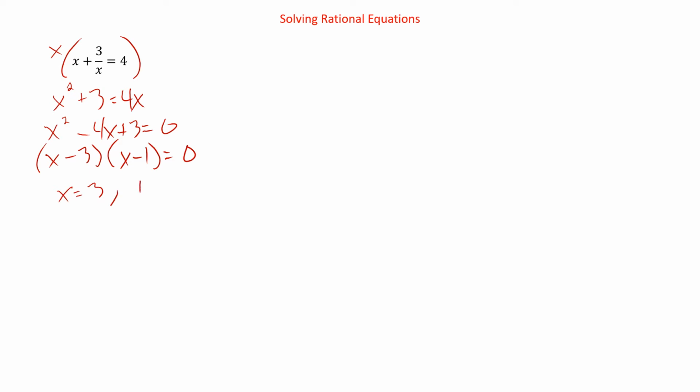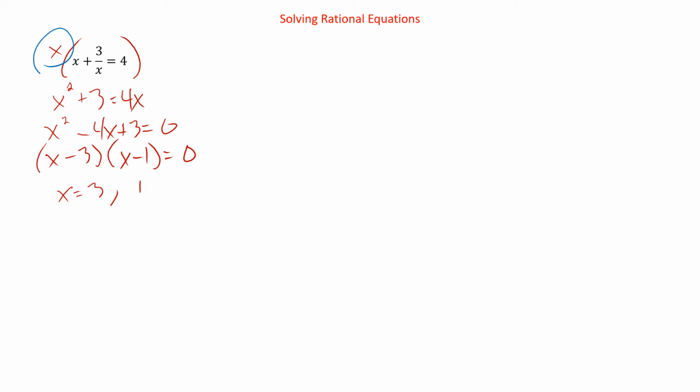So what's important here is that we need to plug these back into the original equation. What happens when we multiply by that x is we possibly add an extra root. Sometimes we do, sometimes we don't. But it is important to plug it back in.